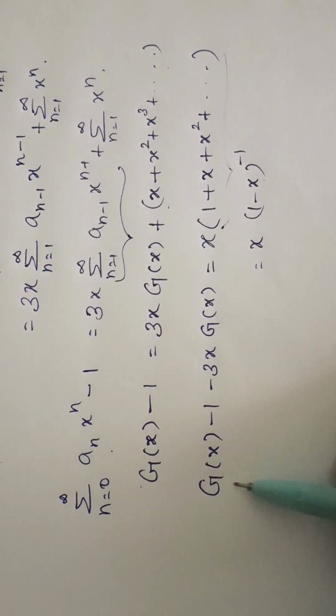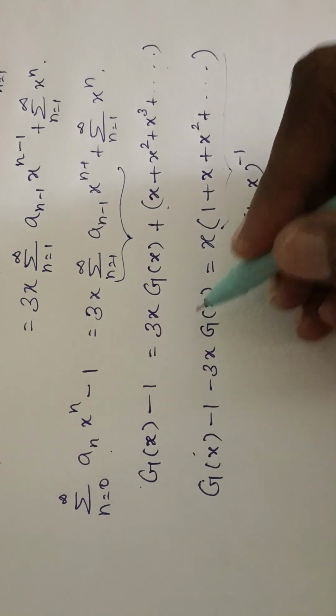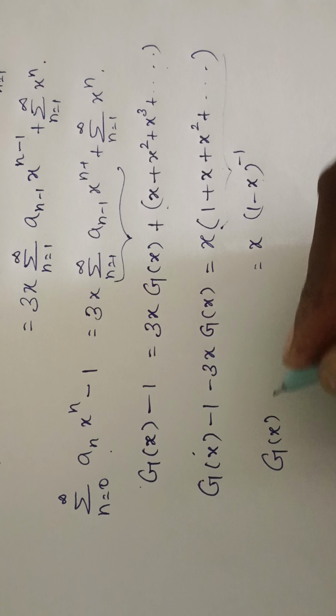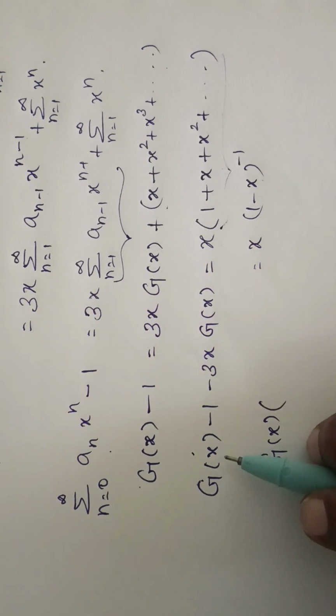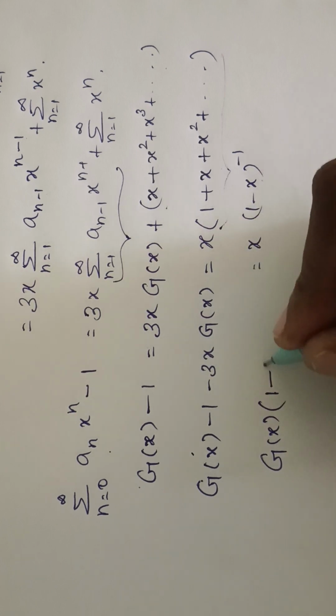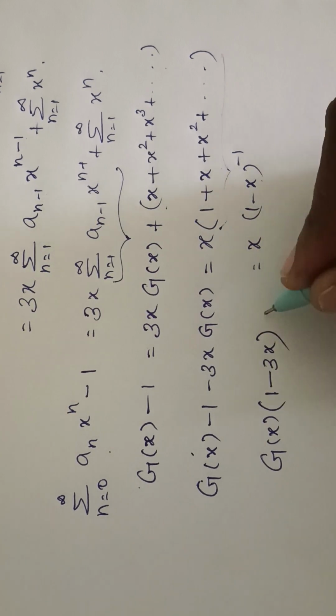So here on the left hand side, in the three terms, the first and third terms have g of x common. So g of x I can take common. What is the balance term? 1 minus, in the third term 3x, the balance is minus 1.